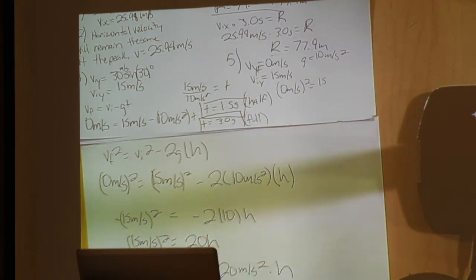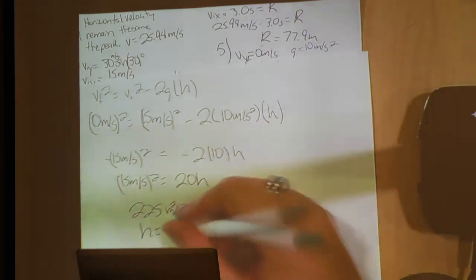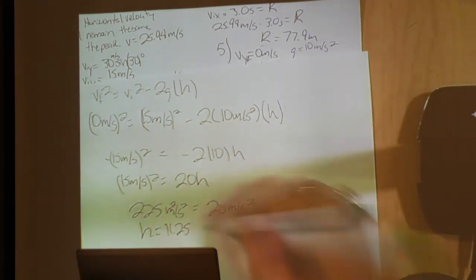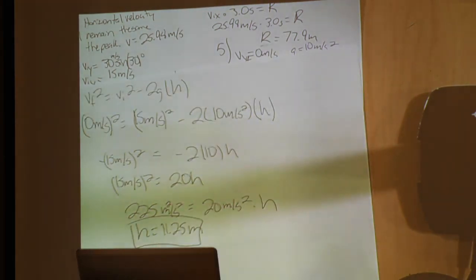So you just divide it and solve for height. What'd you guys get? 11.25. Sounds good. Meters. Sorry, I cut off the M. All right. Any questions? We're good? All right, nobody's saying anything, so I'm assuming we're all good.